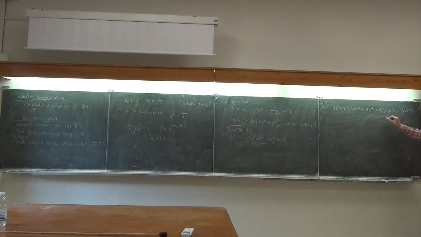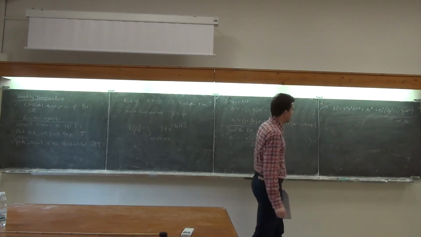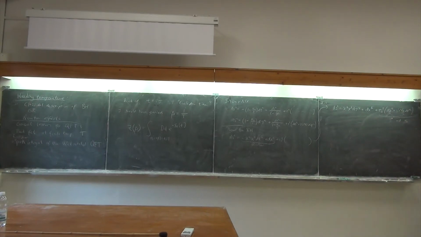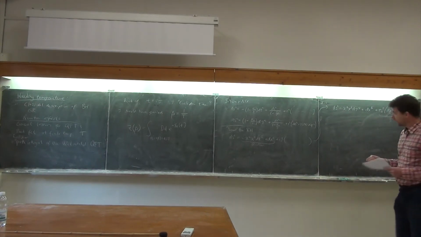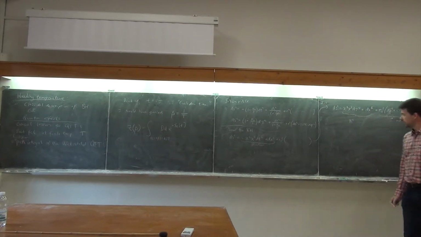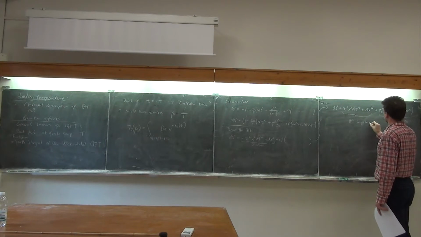And now you see, well, this part here is unchanged. So this is just a two-sphere with radius r0. Nothing happened here. But over here, this you can recognize as something that looks like a two-dimensional Euclidean space in polar coordinates.